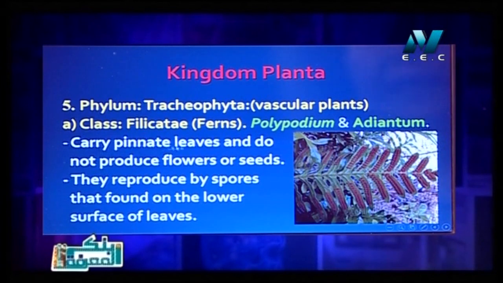They carry pinnate leaves and do not produce flowers, so we call them non-flowering plants. They don't have flowers and, of course, no fruits and seeds. They reproduce by spores that are found on the lower surface of the leaves. As you see in this picture, it's very clear and very beautiful.